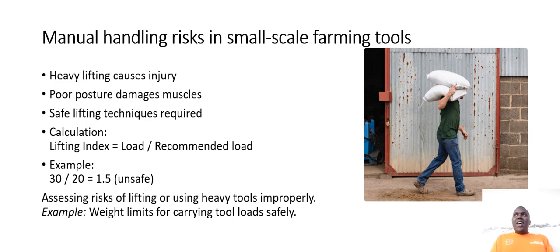That is a job that can be done by tractors. While the person puts that thing on the shoulders, that is very not crucial. That causes very heavy lifting, causes injury, poor posture, damages muscles.